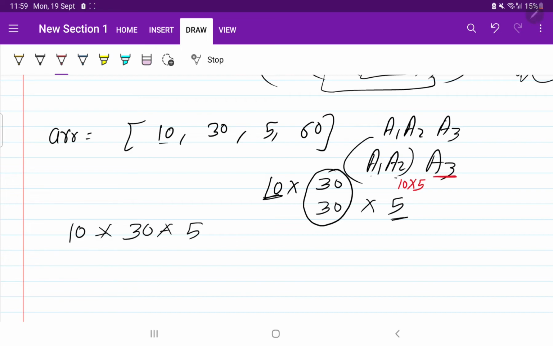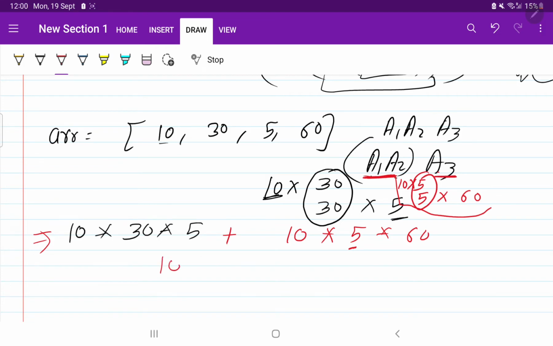Now what is the dimension of A3? It is 5 into 60. If I want to find the cost of multiplying these two, it will be 10 into 5 into 60, because the thing which is coming twice, we take only once. So this is the cost if you multiply A1, A2 first, then A3.